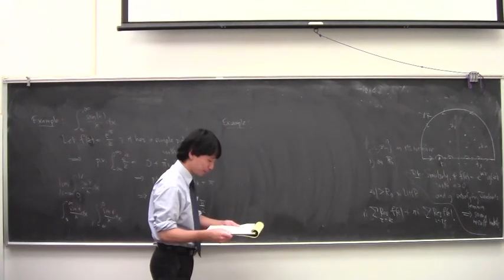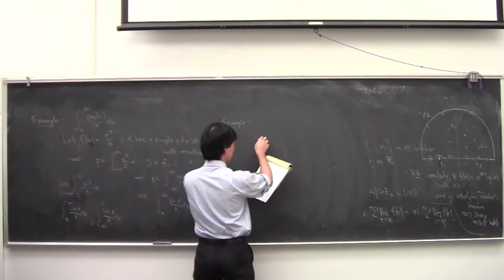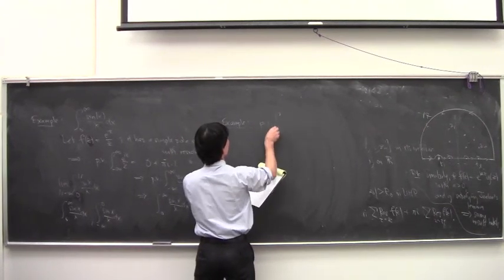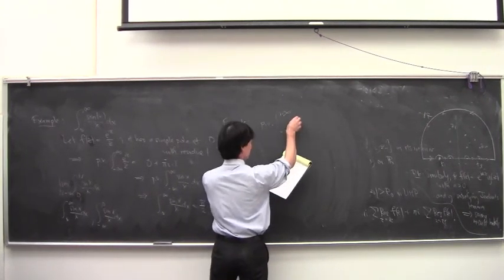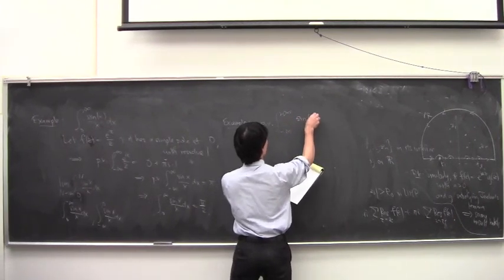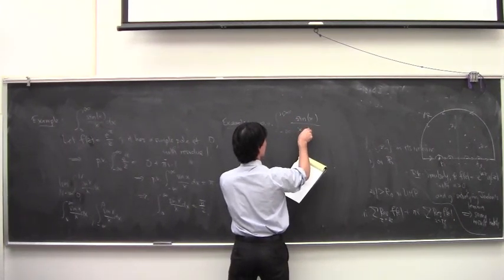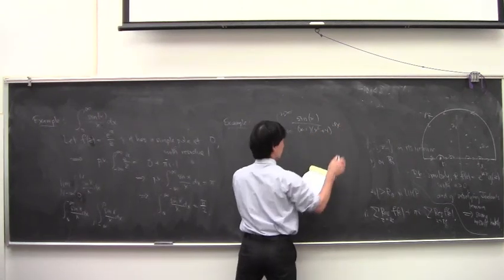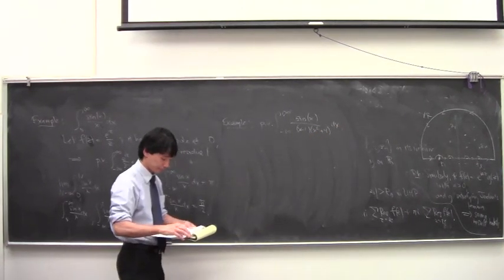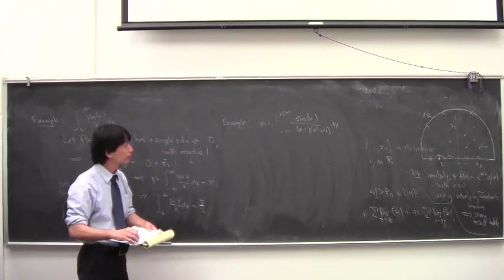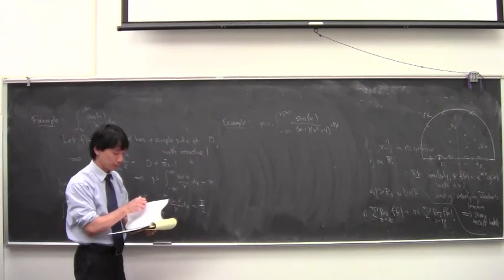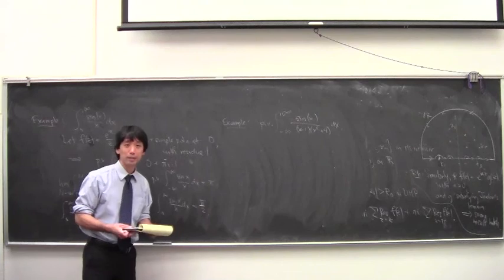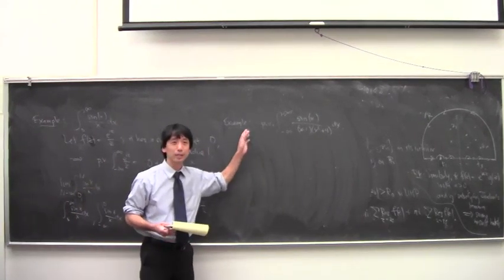Okay, second example. Suppose somebody asks you to evaluate the principal value of something like this: e to the ix over (x minus 1)(x squared plus 4) dx. Again, this is just a straightforward application, right?